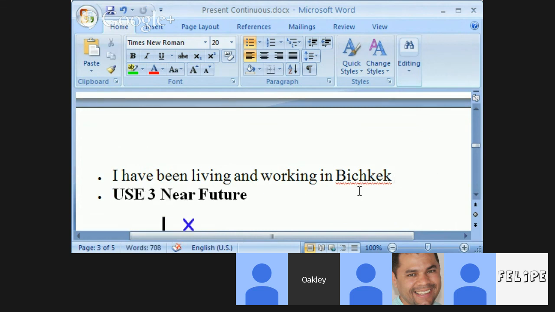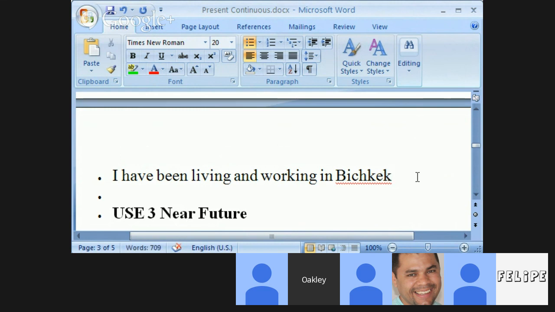Because you wrote that 3 years, it demands that I use a perfect tense. If I simply said I am living and working in Bishkek, now I can use present continuous tense. The idea here is most certainly a broader sense of now. You're not saying exactly how long or when, but that's the idea.